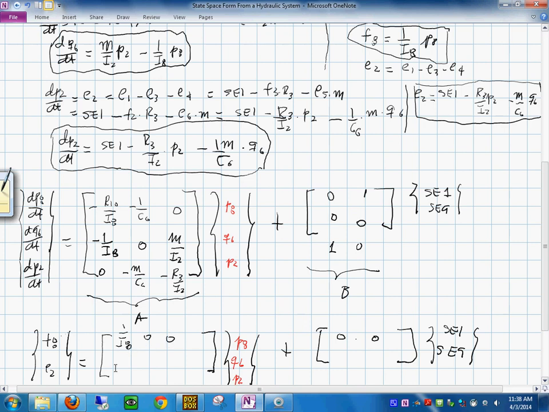Okay, and then the second one, E2, is SE1, which is a 1, and then this is a 0, and then for Q sub 6, this is minus M over C sub 6, okay, and then minus R sub 3 over I sub 2.